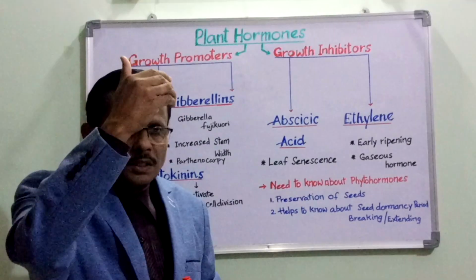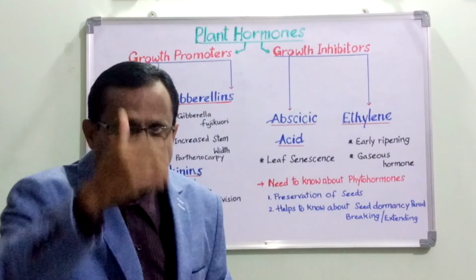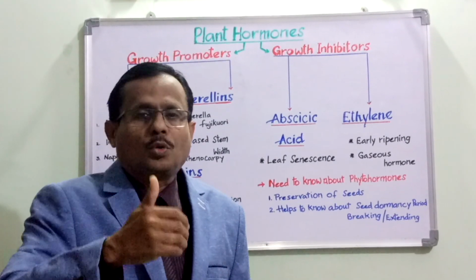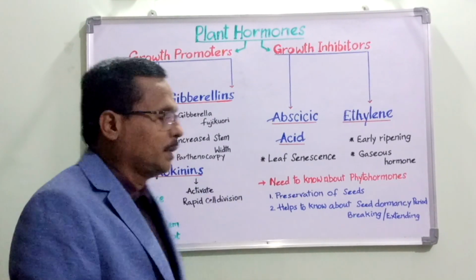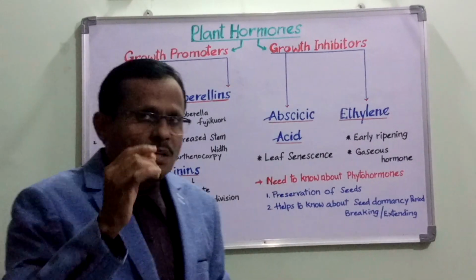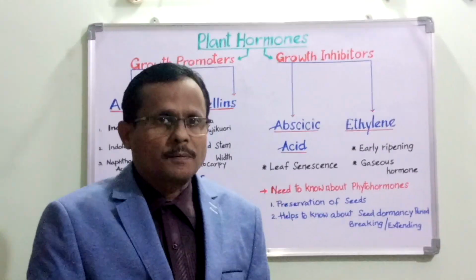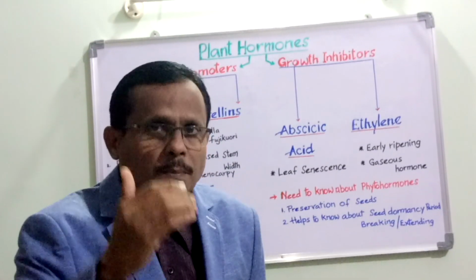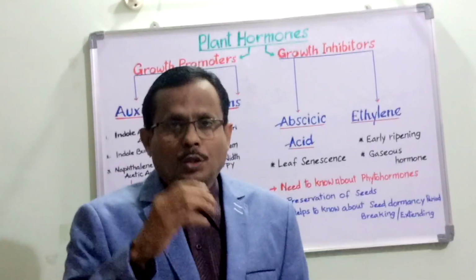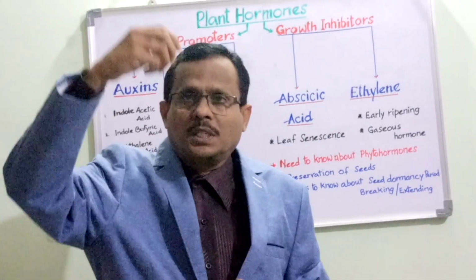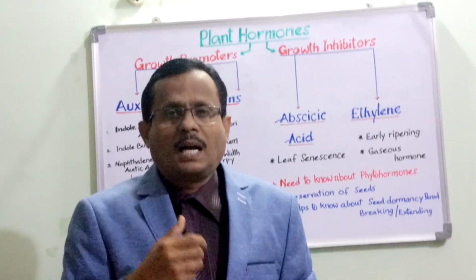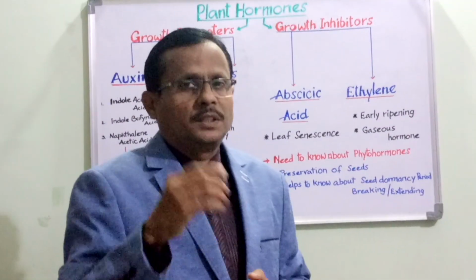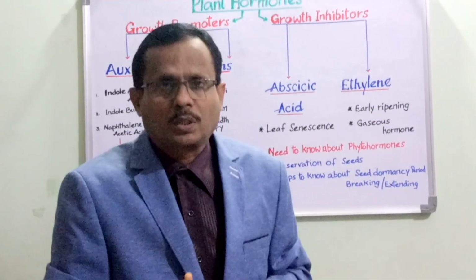So by the tall growth, by the longitudinal growth, by the vertical growth of the plant, we can expect the stem to get elongated. And thirdly, because of the activation of these auxins, we find a positive phototropism of the stem. Means the growth of the stem will be towards the sunlight and the growth of the root will be deeper into the earth, and this leads to the elongation of the plant body.